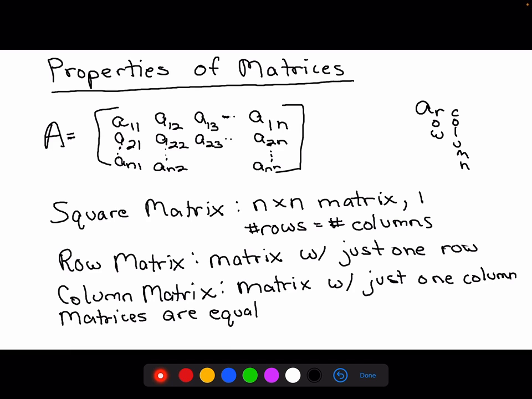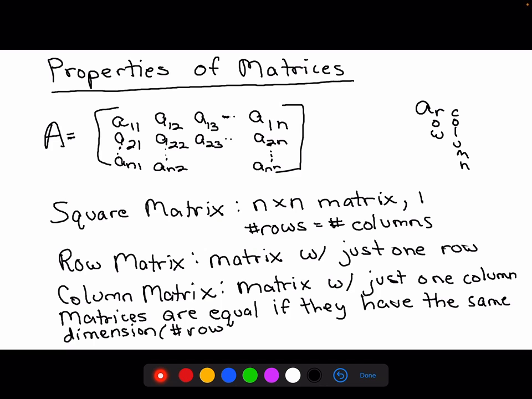Matrices are equal if they have the same dimension, so number of rows by number of columns, and corresponding elements are equal.